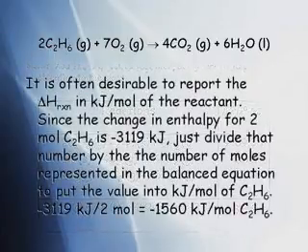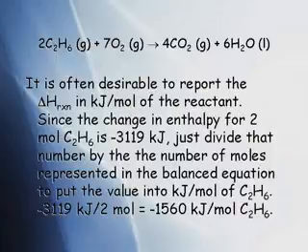We got negative 3,119 kilojoules for the reaction or combustion heat of reaction for 2 moles of C2H6, but it's usually desirable to report the change in enthalpy of reaction in kilojoules per mole of the reactant.